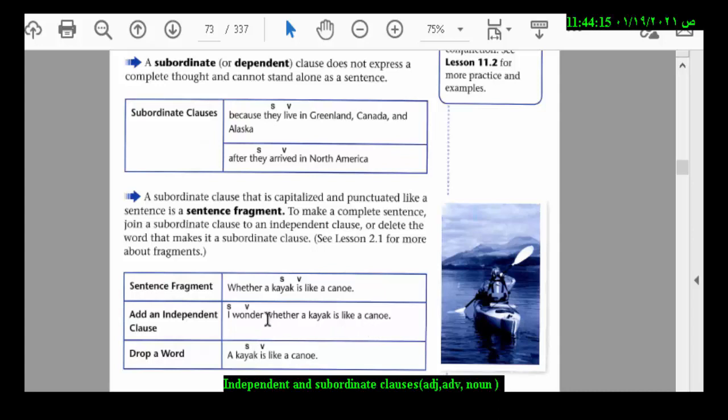Like here, whether a kayak is like a canoe, that is a sentence fragment. It's subordinate because it doesn't make complete sense. If you want to change it to independent, you drop the conjunction at the beginning and say, a kayak is like a canoe. That's complete. Or you add more words and say, I wonder whether a kayak is like a canoe.